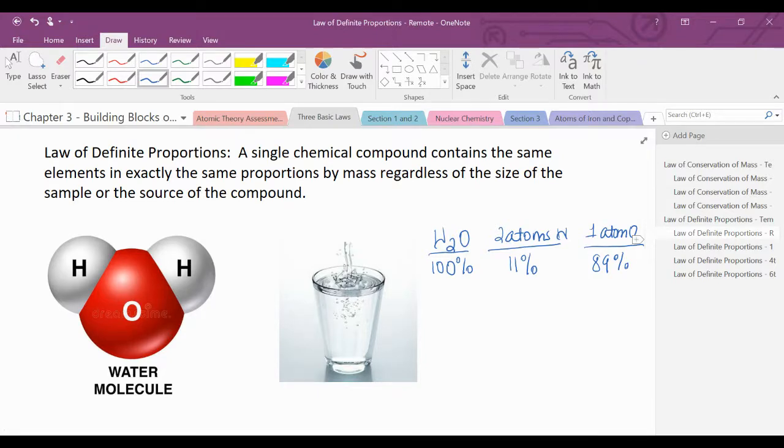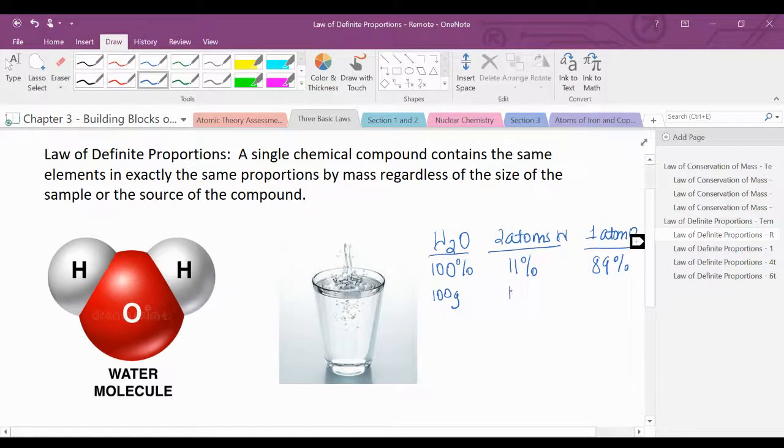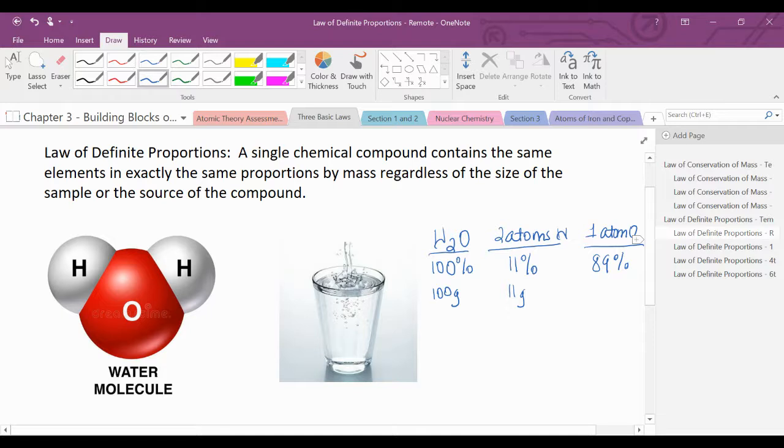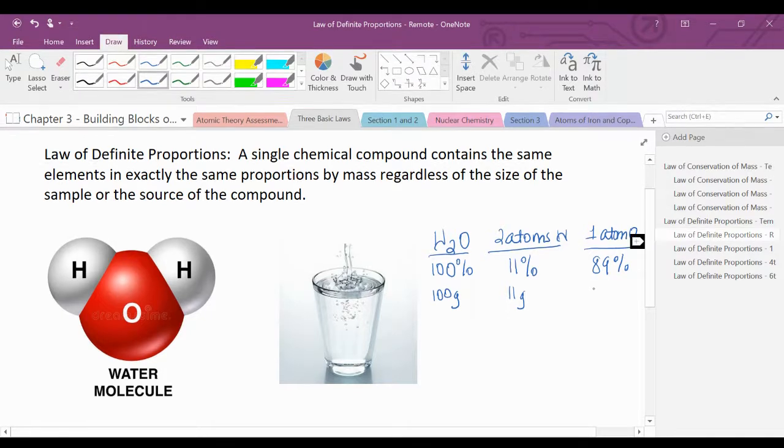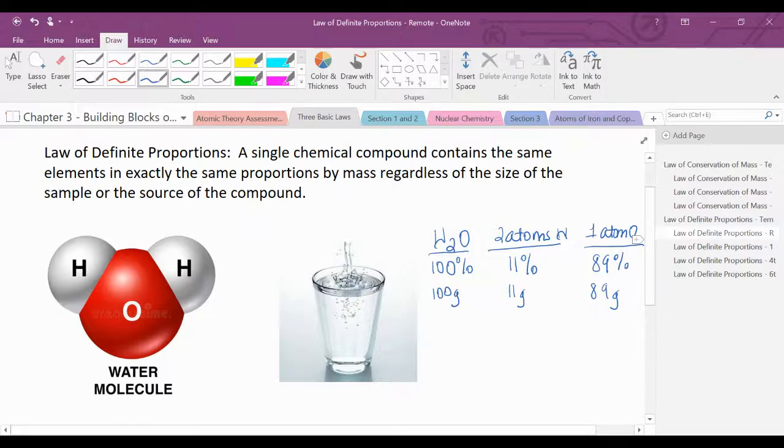Now, we could assume that we have a 100-gram sample. So if I have 100 grams of water, that would mean that 11 grams of my water would be the hydrogen, and 89 grams of this would be my oxygen. So from this, we can actually make our own conversion factors.